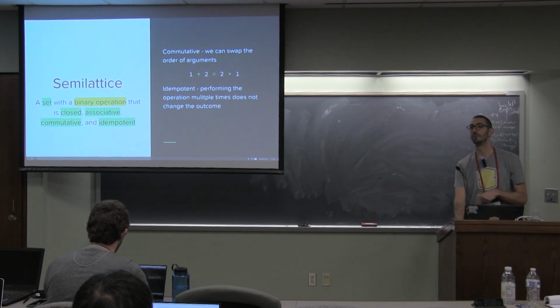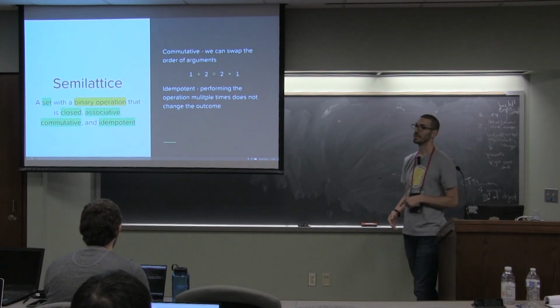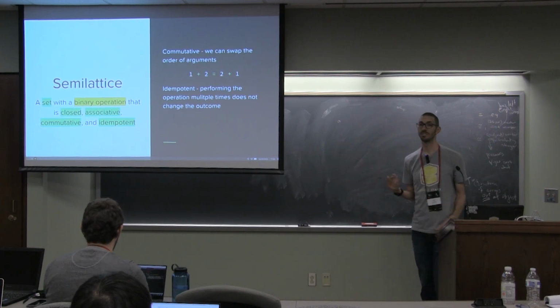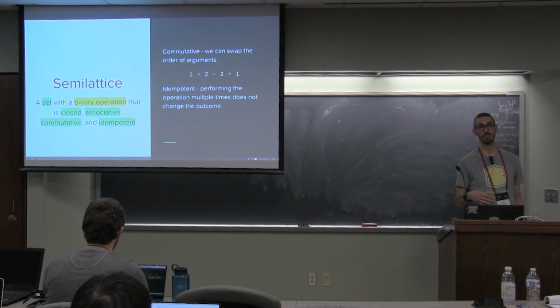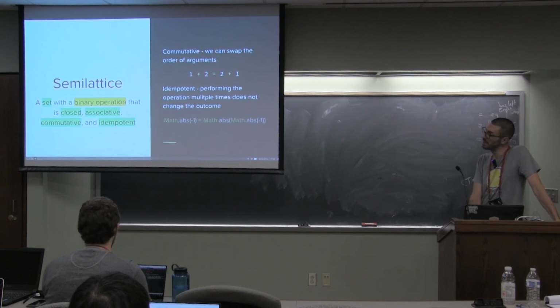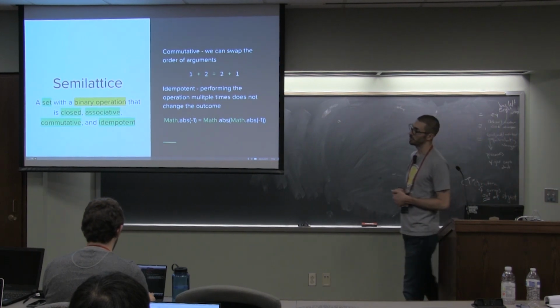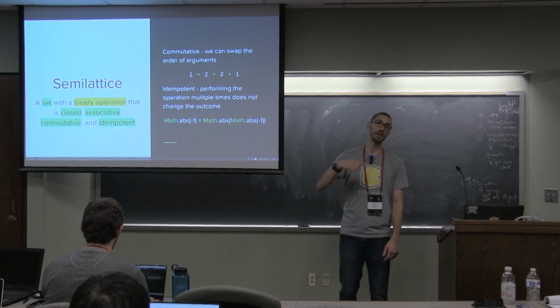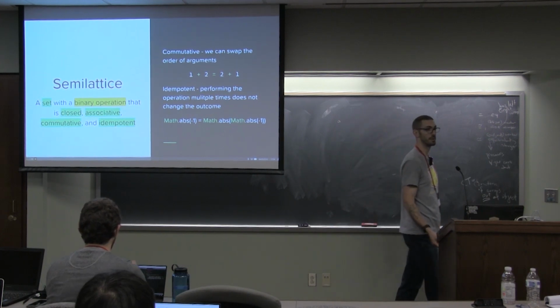But that paired with idempotence actually ends up being really neat, because idempotence says that performing the operation multiple times does not change the outcome. It only makes a difference the first time. Here's an example in code: if we were to take the absolute value of -1, it's the same thing as taking the absolute value of the absolute value of -1.